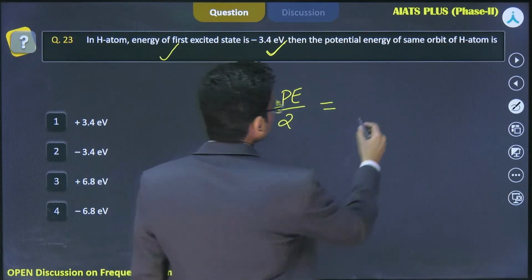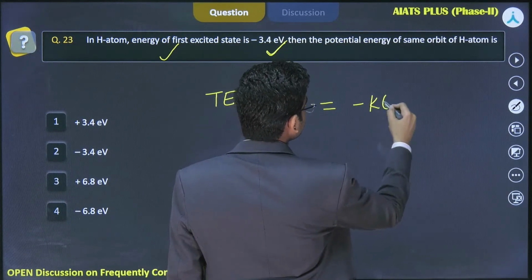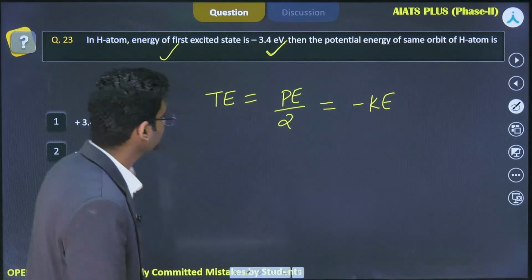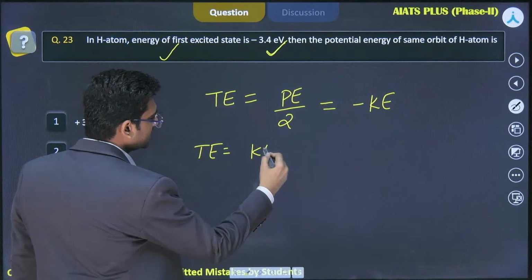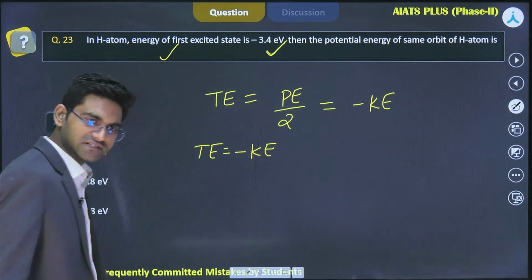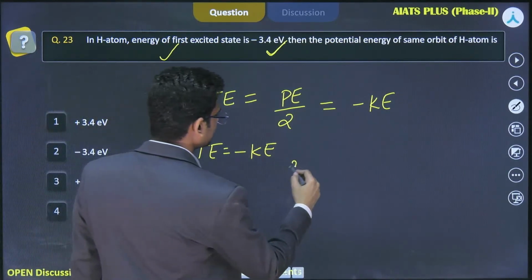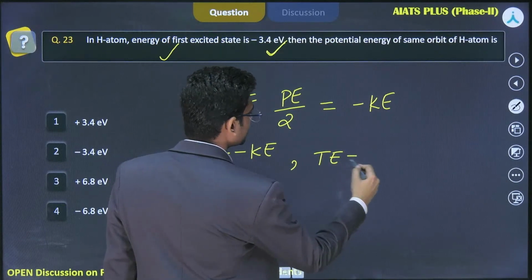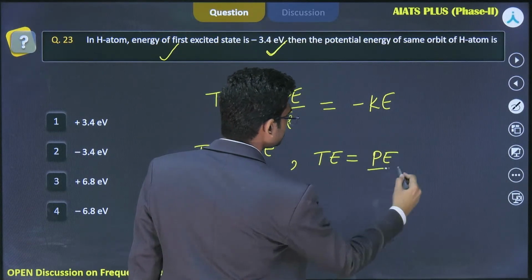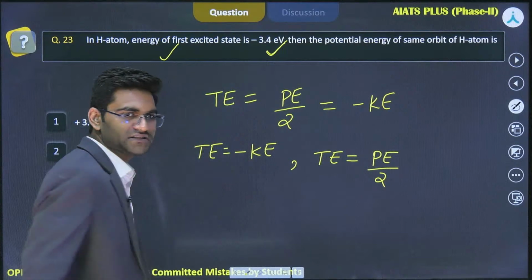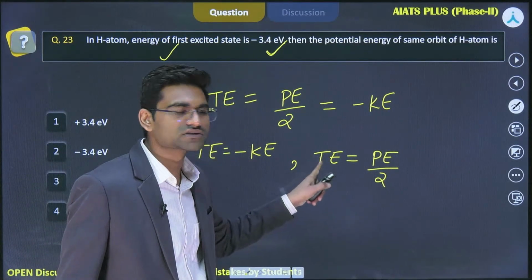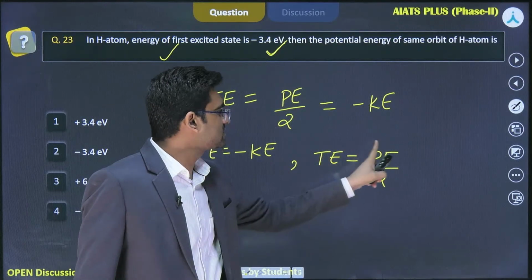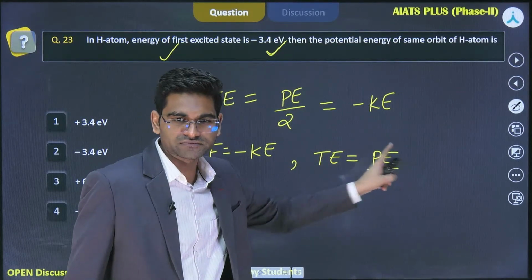That should be equal to minus of kinetic energy. So total energy and kinetic energy are equal in magnitude but opposite in sign, and total energy is equal to potential energy by 2. The sign will remain the same, but the magnitude of potential energy will be twice of total energy, or total energy is equal to half of potential energy.